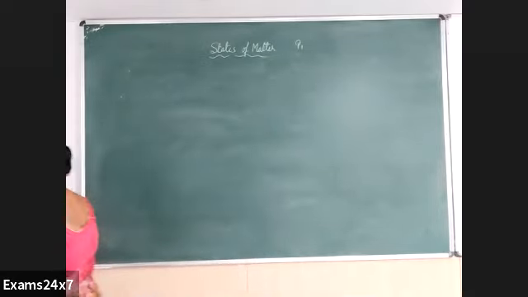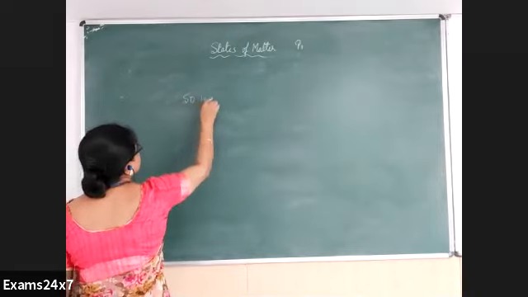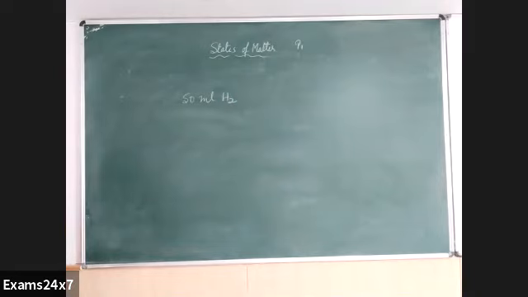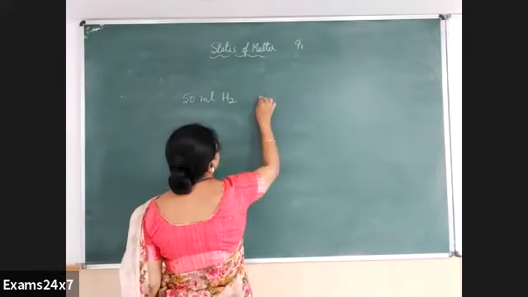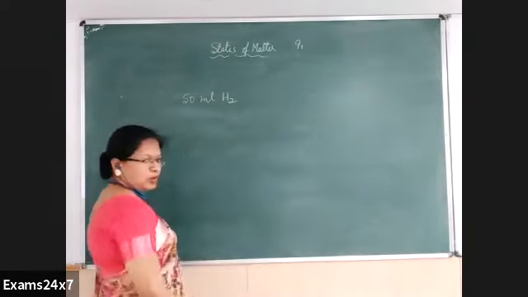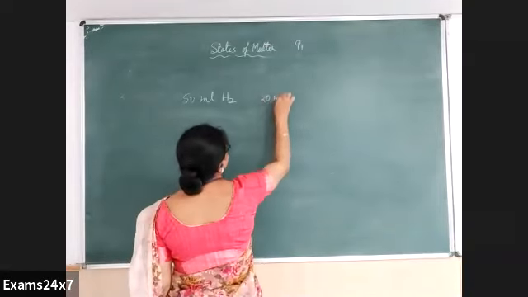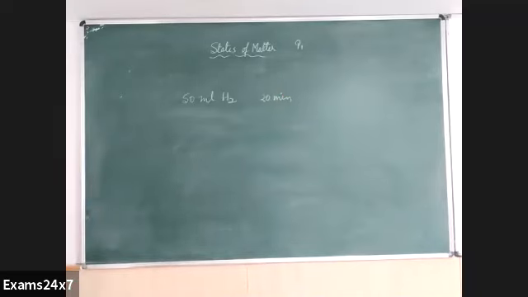Note the next question. 50 ml of hydrogen diffuses out through a small hole in 20 minutes.